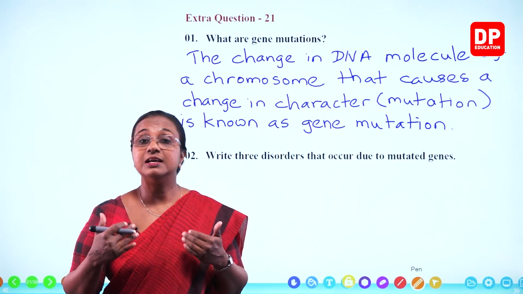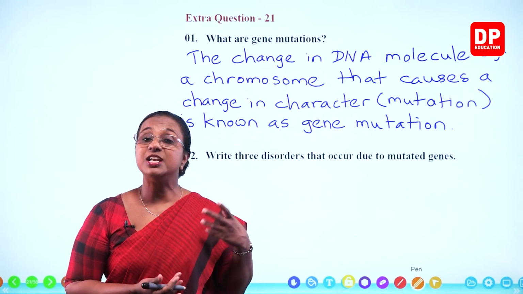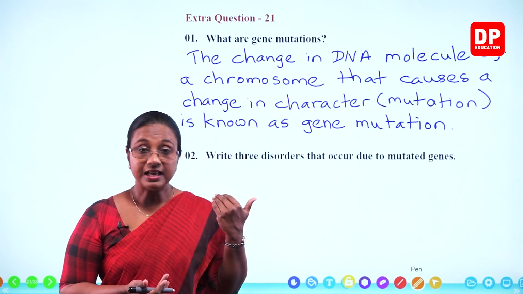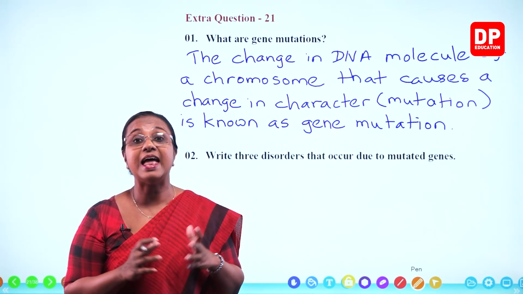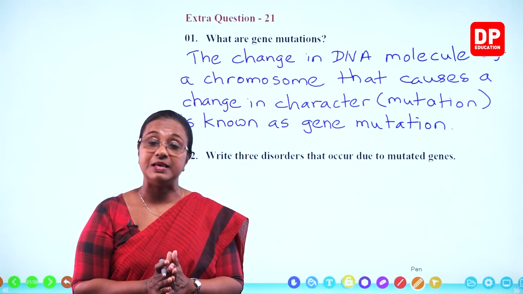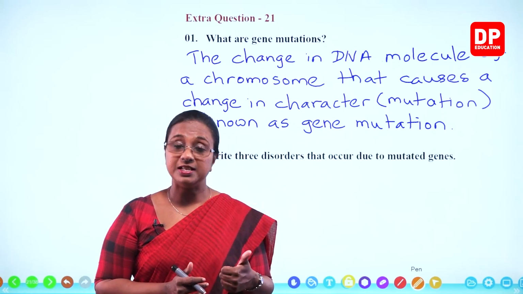Because of that, the melanin pigment is not produced. So because of that, you see an abnormally white color of the skin, the hair, eyebrows, eyelashes, everything is white in color, an abnormal white color because there is no melanin pigment. So that is caused by a mutated gene, albinism.